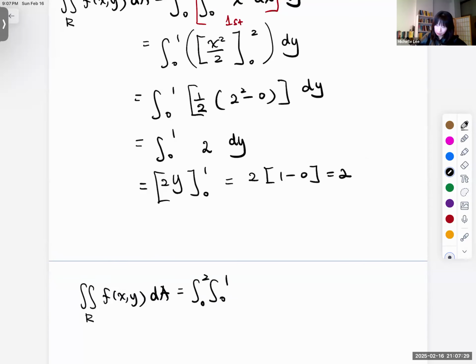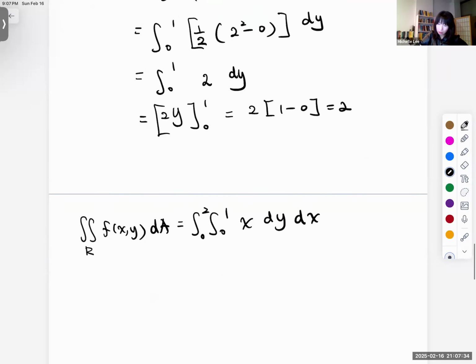And the function is x, dy dx, yeah? Okay, let me write down this one first. This is the first. All right, so from 0 to 2, I have to be careful, not derivative, right? Integrate with respect to y first.